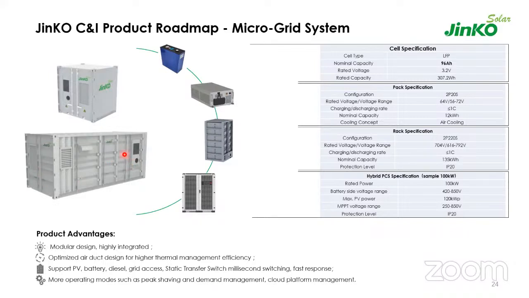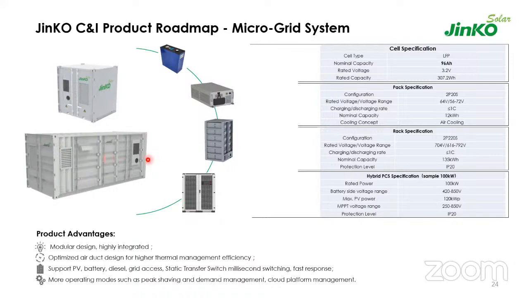Going forward, we are trying to increase the capacity of this container to 3.76 megawatt hours. Starting from 2024 Q2 onwards, this is going to touch around 320 Ah, a 3.2 volt cell configuration, which we have planned.